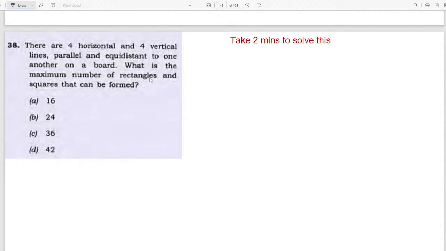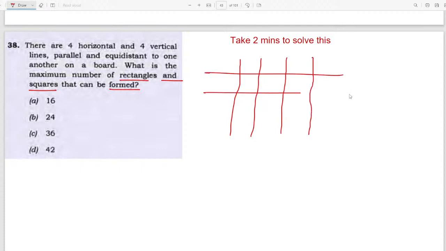So what they're saying is there are 4 horizontal and 4 vertical lines, parallel and equidistant to one another on a board. What is the maximum number of rectangles and squares that can be found? So there are 4 vertical lines like this, and 4 horizontal lines.